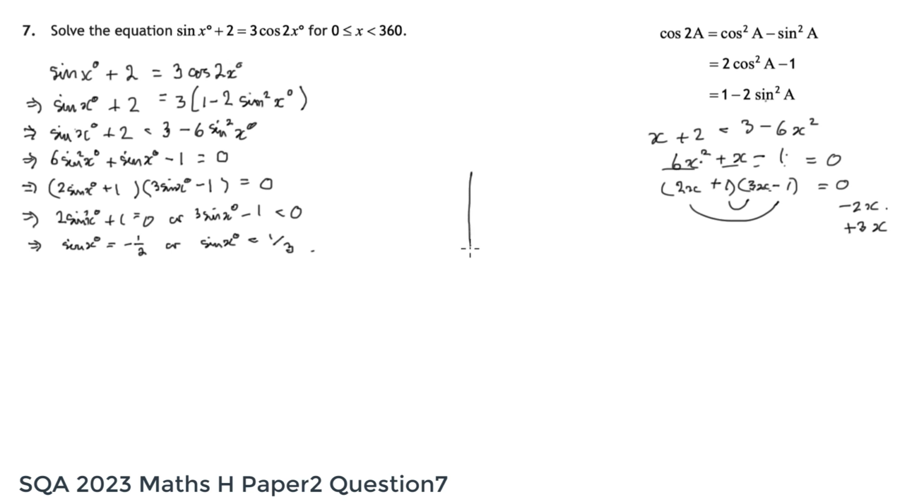Now you should be familiar with your CAST diagram. If you don't use that method, then you no doubt use the graph of sine. 0 up to 1, back down to 0 to negative 1, and back up to 0.